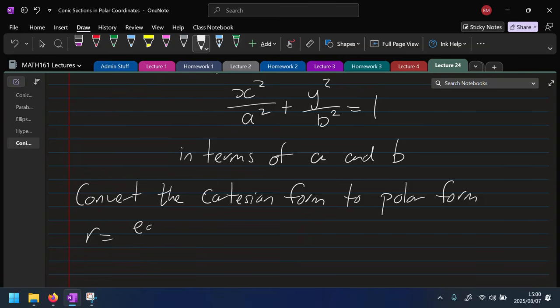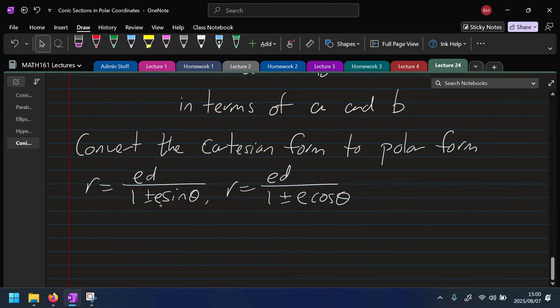So that will be r equals ED over 1 plus or minus E sine theta, or r equals ED over 1 plus or minus E cos theta, one of the two, depending on how you do it. And then whatever's in front of that, that's what we want. Okay, so you can try that out.